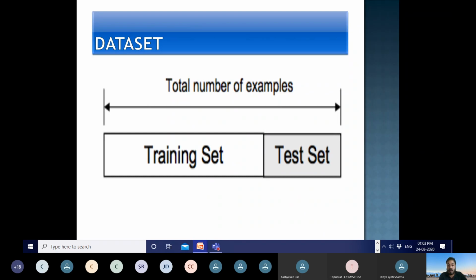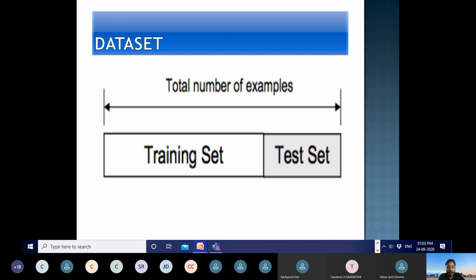But while dividing it, you don't need to maintain any particular condition. Just divide it. You have the whole data set, and you just divide it into the ratio of 75:25 or 80:20. You don't need to think about how to divide it. Just divide it.